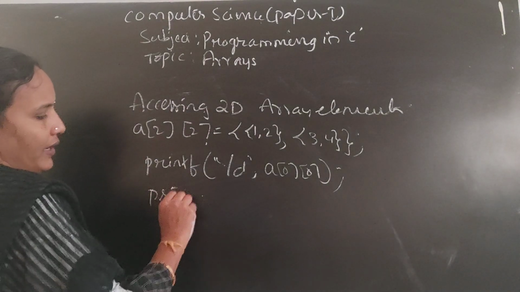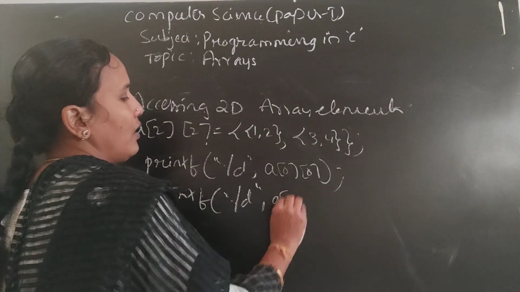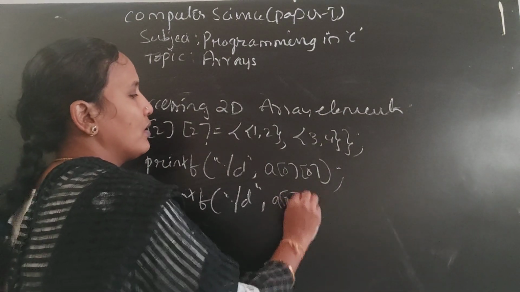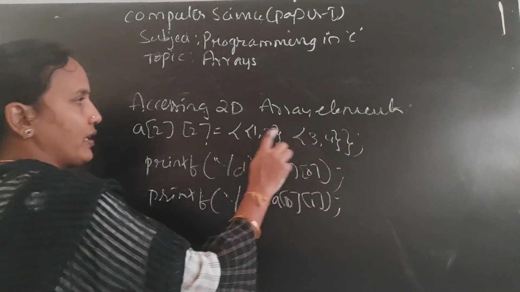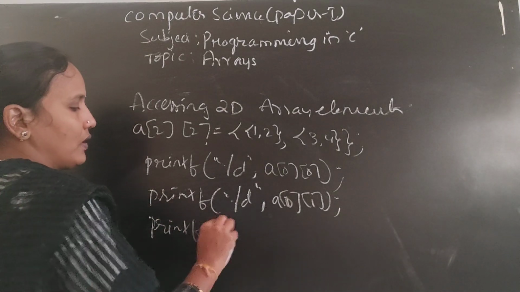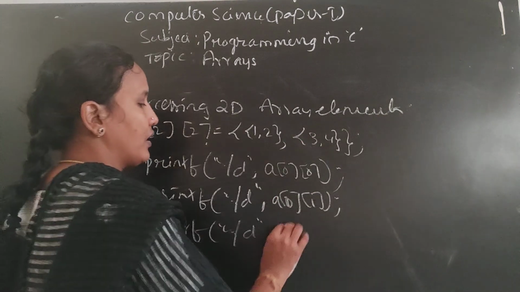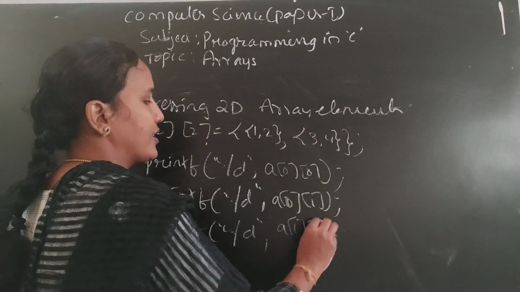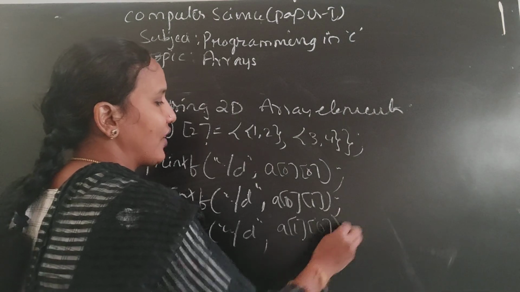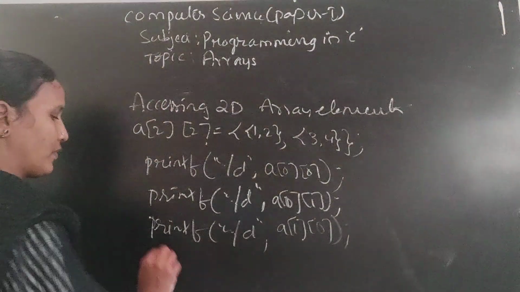Next, printf, %d, A[0][1] for the second element. Next, printf, %d, second row, first element. Because array indexing starts from 0, the second row will be 1.